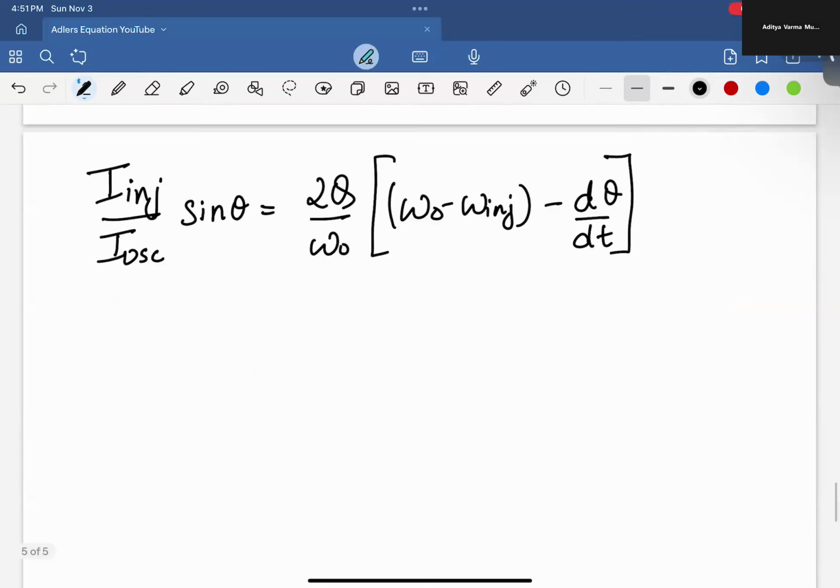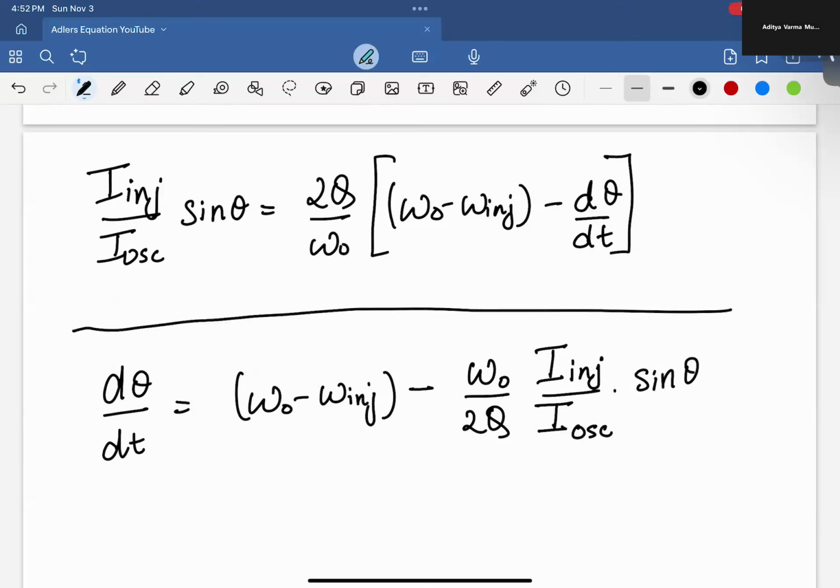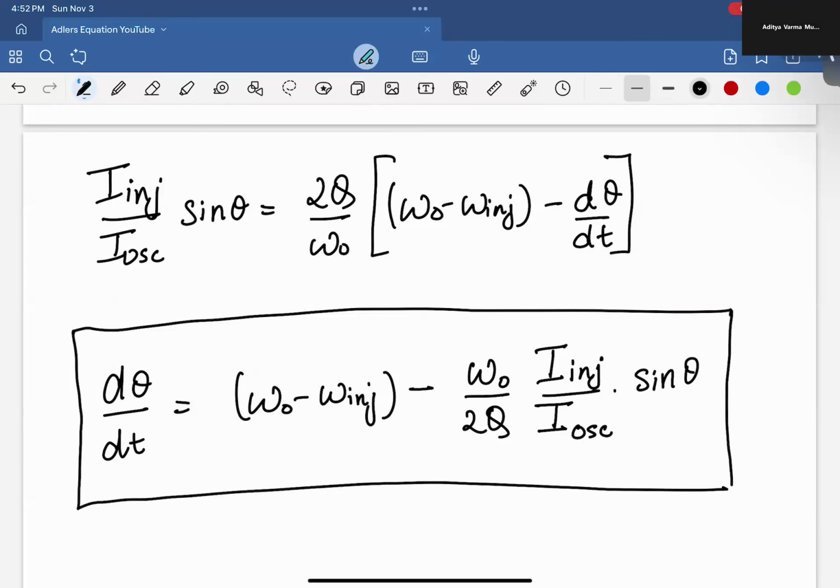And you can rearrange these terms to give you d theta over dt is omega naught minus omega injection minus omega naught over q times I injection over I oscillation times sine theta. So that's the final result. This equation is called Adler's equation.